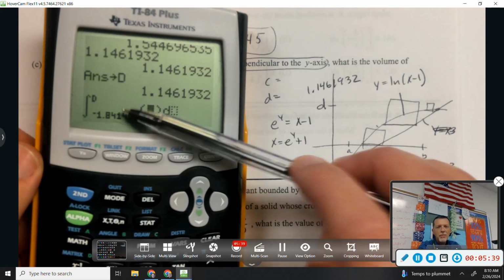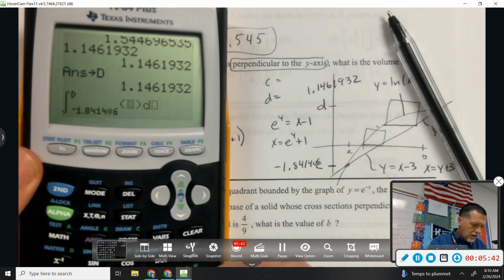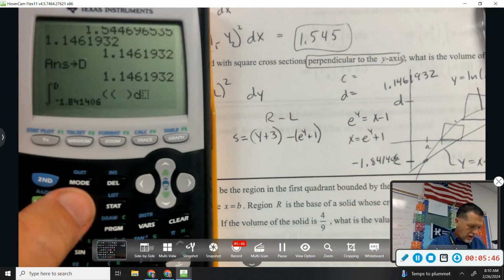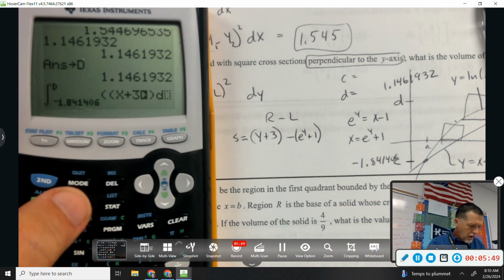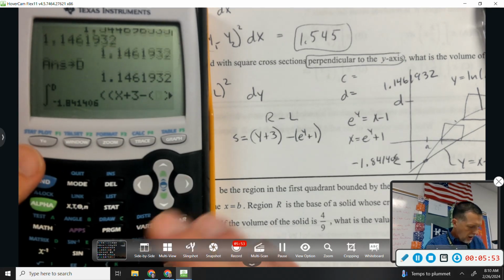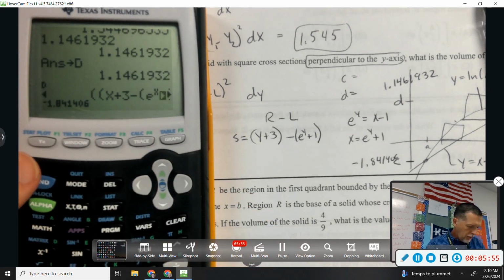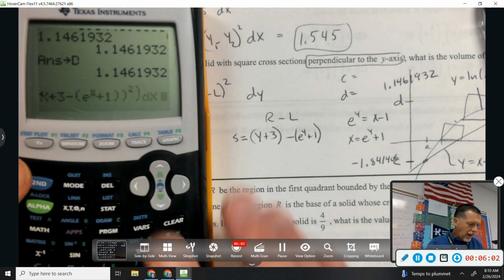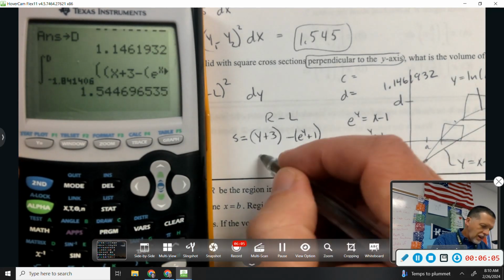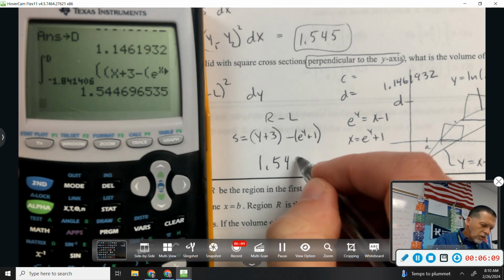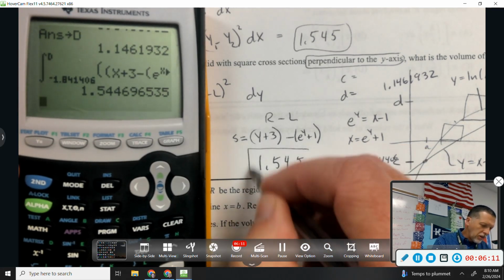I'm just going to type in what C is. Open parentheses. I've got to square all of this. X plus 3 minus parentheses e to the x plus 1, close parentheses, squared dx, and there's my answer, which is the same as the other one, which is weird.